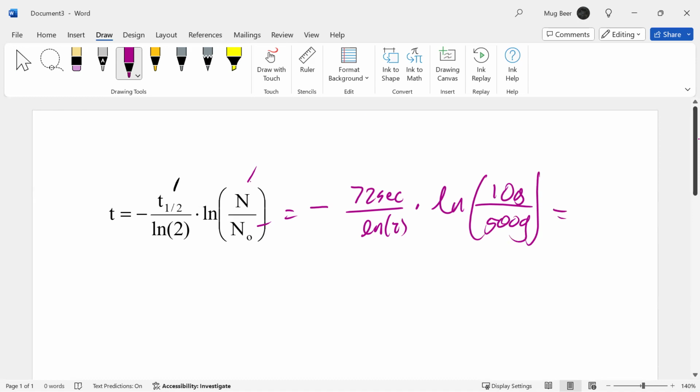So now, what do we got into this? So we've got negative 72 divided by natural log of 2, times, I'm sorry, we have a natural log problem. Natural log. There we go. Natural log of 2.